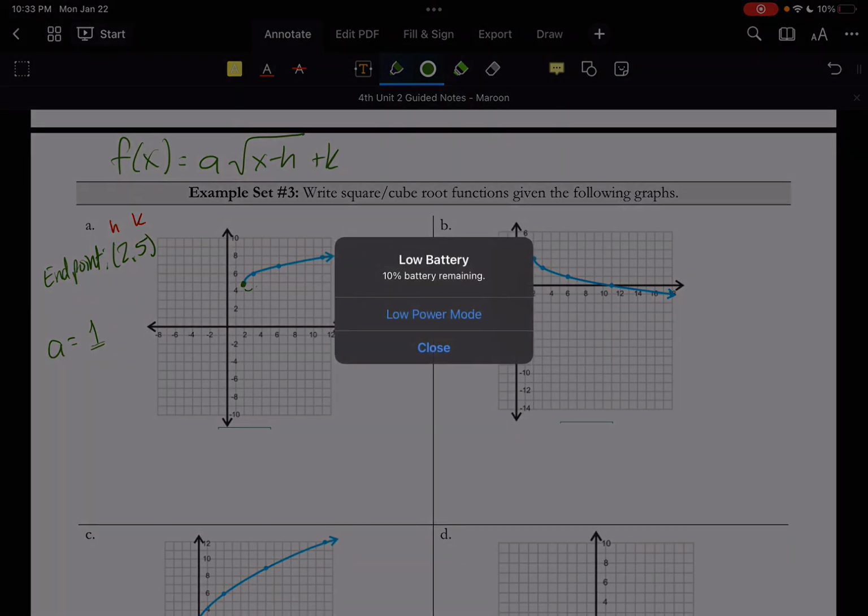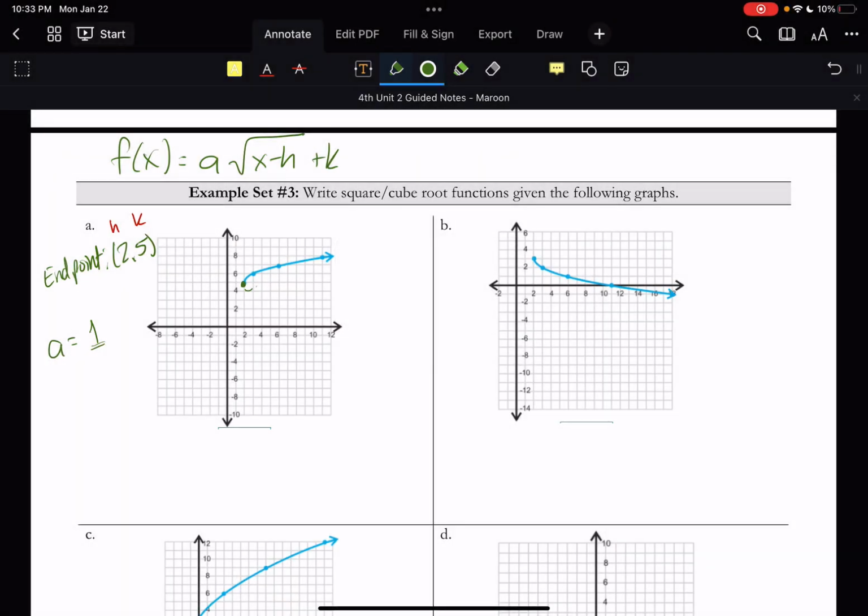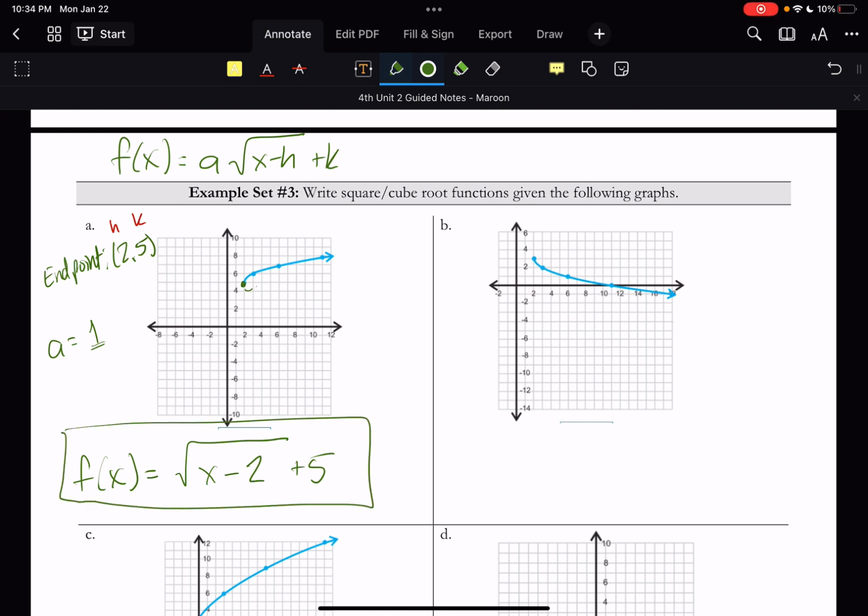If I were to have gone down 1, then that would have been -1. Okay? And now we can just go ahead and plug all this in. So I have my function f of x is equal to a, which is 1, so there's an unwritten 1 there, times the square root of x minus h, so x minus 2, plus my k value of 5. And that is the function of that graph.